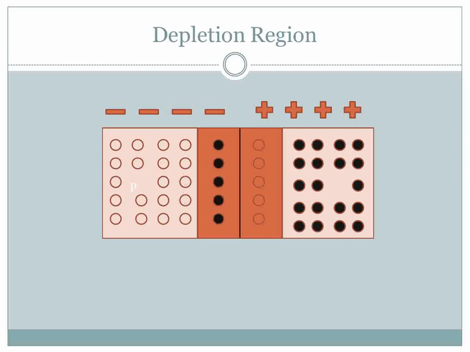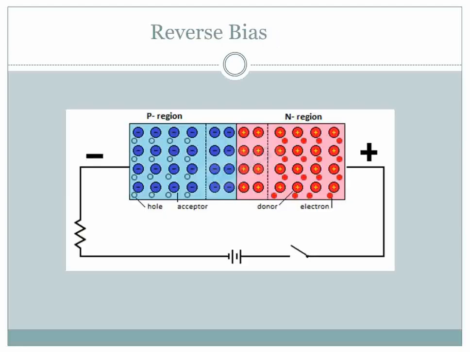At a particular temperature, holes and electrons recombine with each other and form a bond, that is called the depletion region. Okay, so we can clearly see the reverse bias operation in this slide.